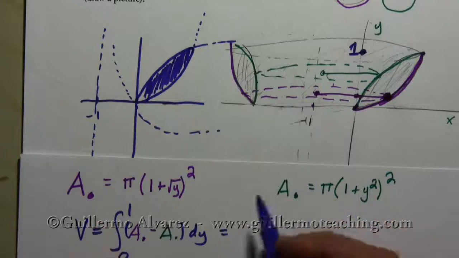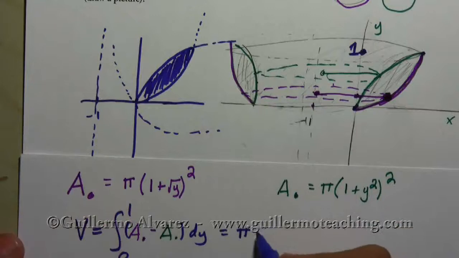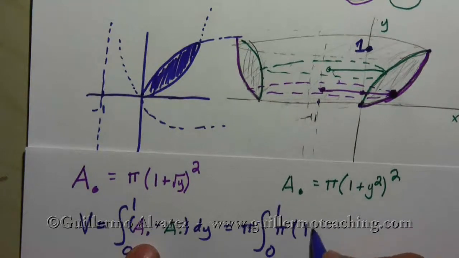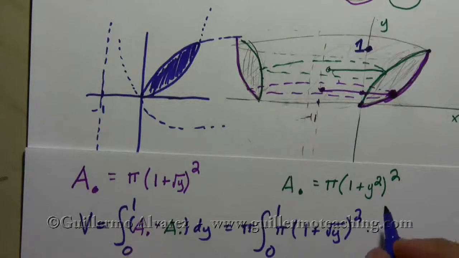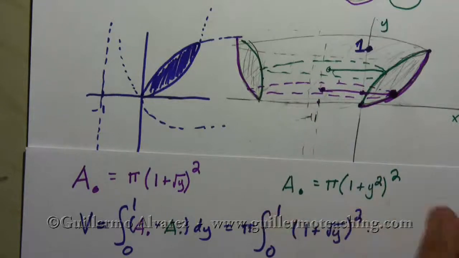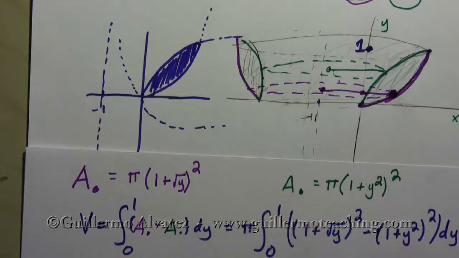Since they both have pi, I'm just going to take out the pi. So pi times the integral from 0 to 1 of (1 plus square root of y) squared, minus the green one, (1 plus y squared) squared, and then all of this with respect to y.